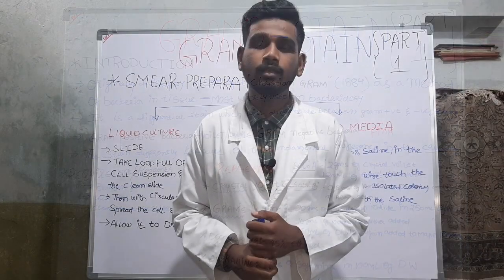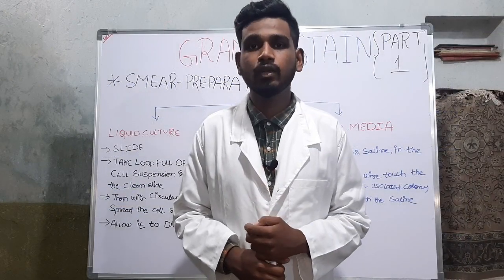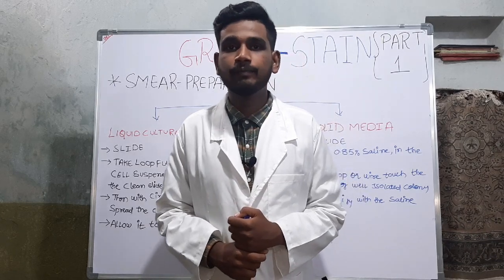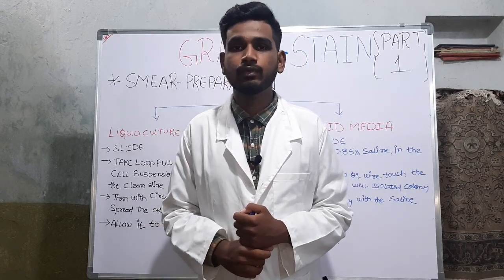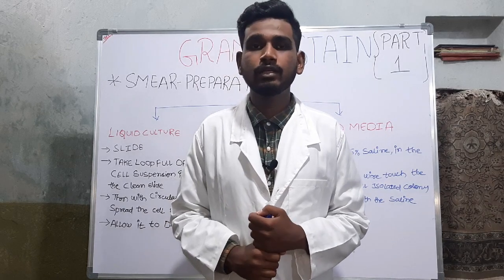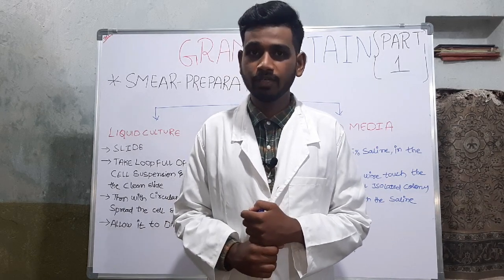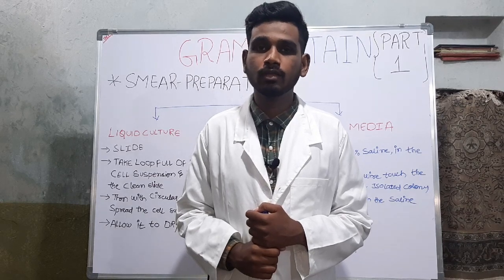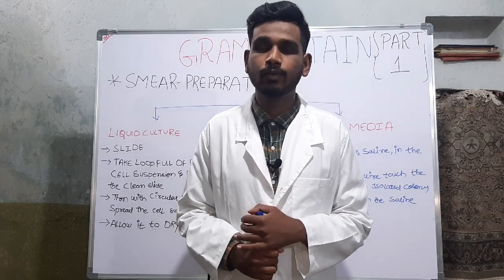Now we are going to see the smear preparation. As we know, in the microbiology lab we have two types of culture, liquid culture and solid culture. Liquid culture, also known as liquid broth, like blood culture broth, normal saline broth and other broths.